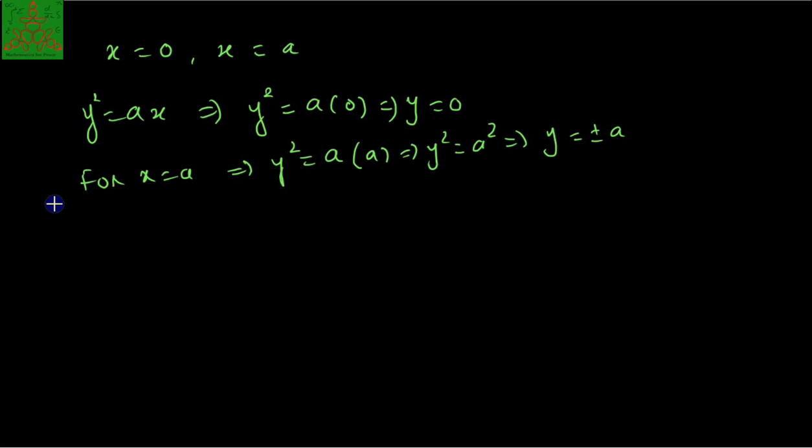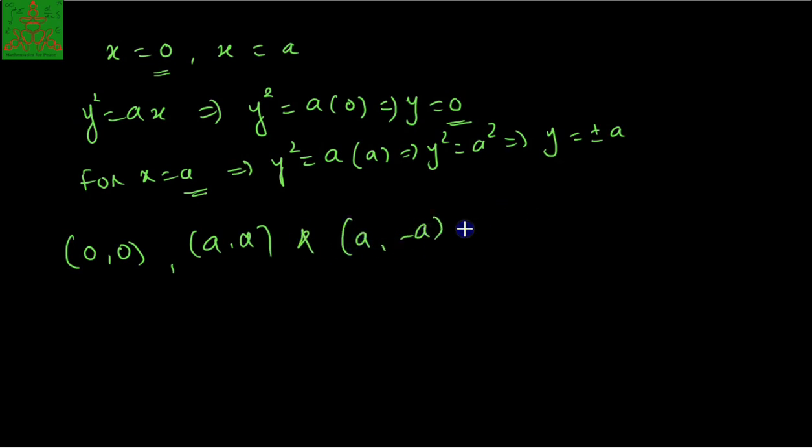So what are the possibilities of this double point? The first is (0, 0), because when x is 0, the value of y is 0. The another one is (a, a), and the last one is (a, minus a). So these are the double points you have if these points are on the given curve.